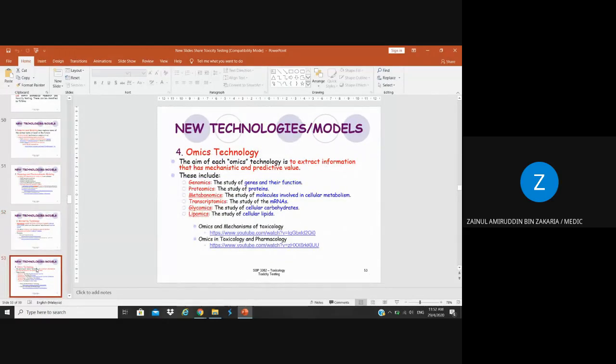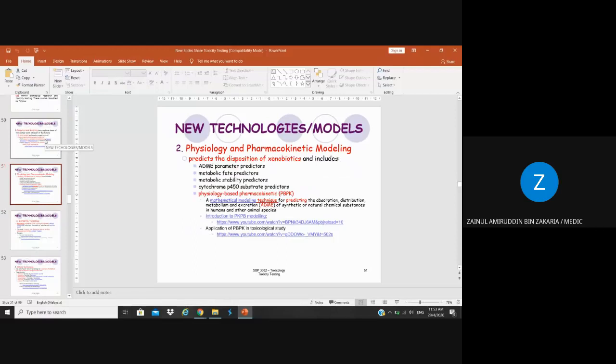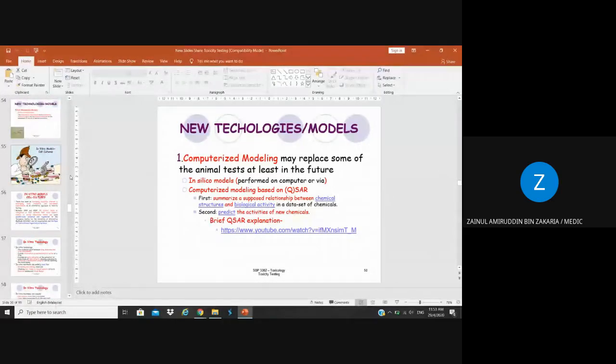Okay. The omics approach, microarray approach. The other 2 depend on the availability of computer or software. This is expensive. The software, everything.